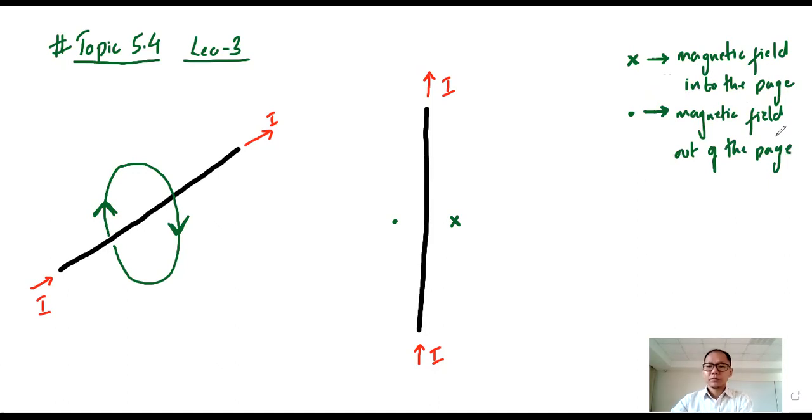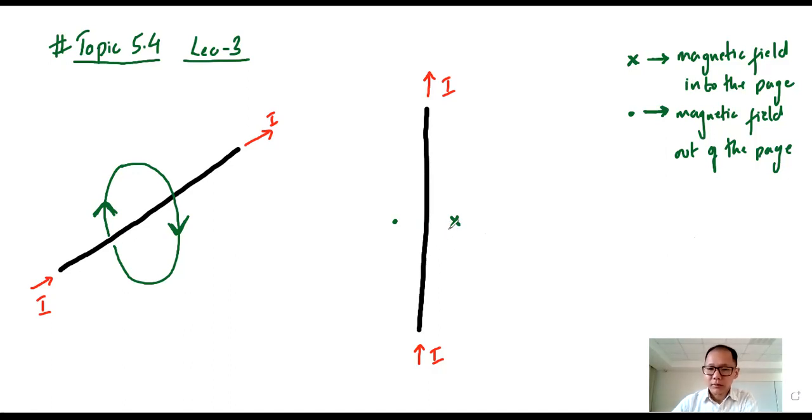Now, I want you to understand the distinction here and the previous discussion. In the previous discussion, the cross meant the current flowing into the page, and the dot represented current flowing out of the page. But in this case, the cross represents the magnetic field into the page, and the dot represents the magnetic field out of the page.